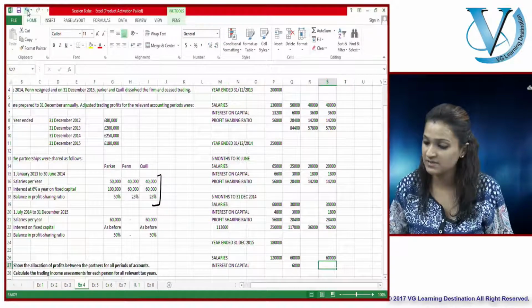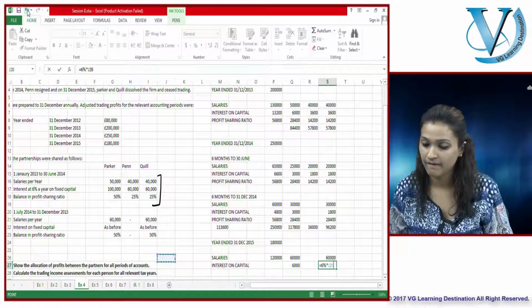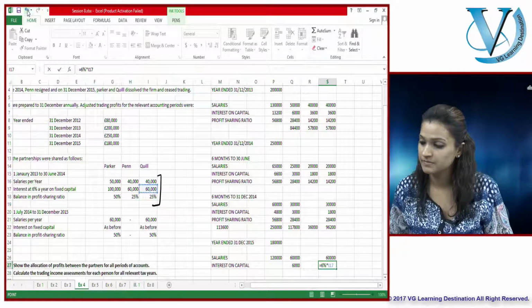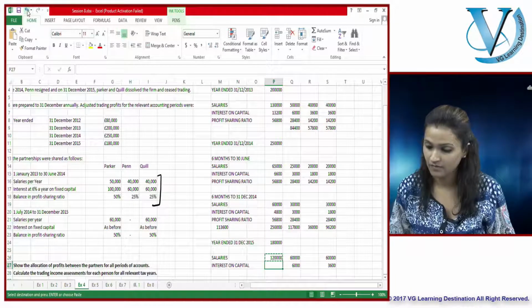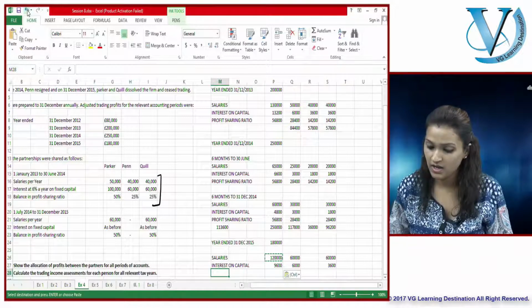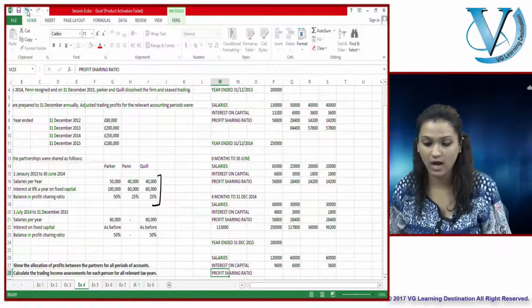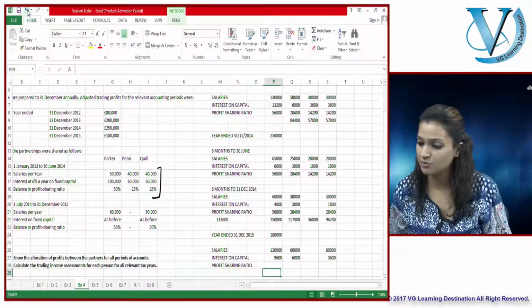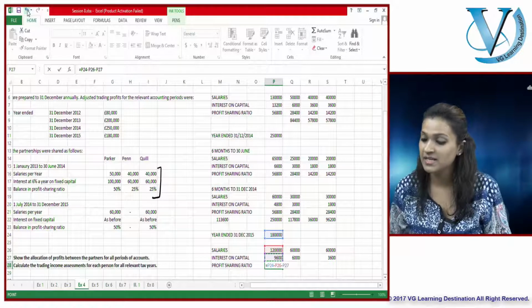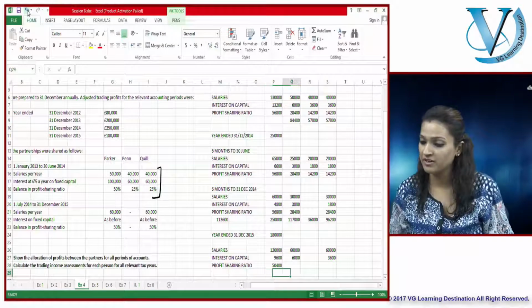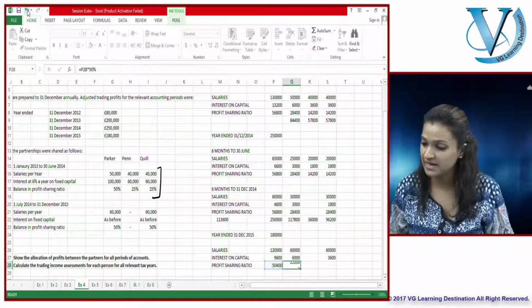Also you have 6% here, making a total of, up next you're going to give away profit sharing ratio, which is what now? Which is 50%. How much profit is left? Let me just find out. Minus salary minus interest on capital. So 50,400 gets divided amongst the partners as 50%.